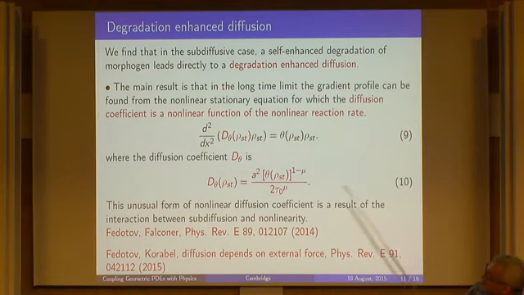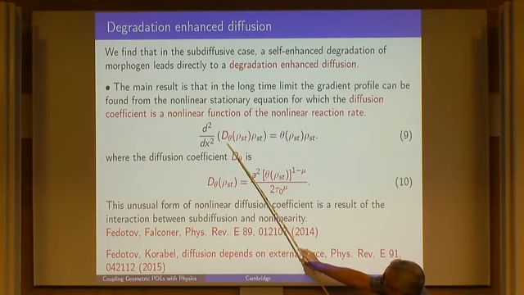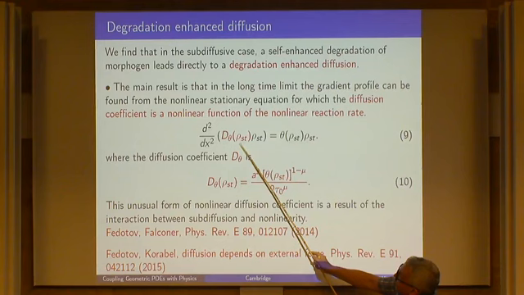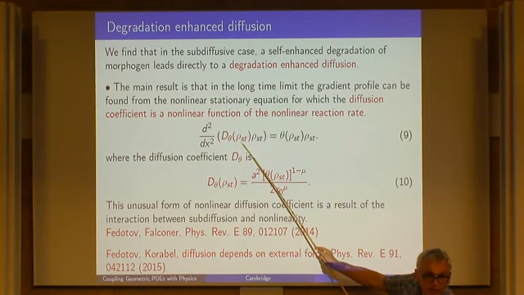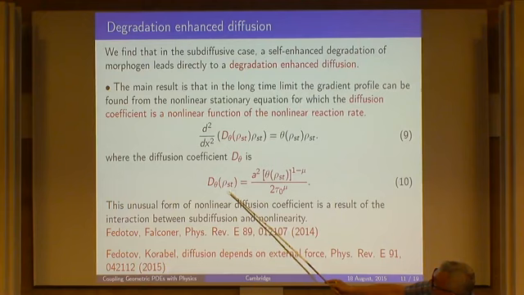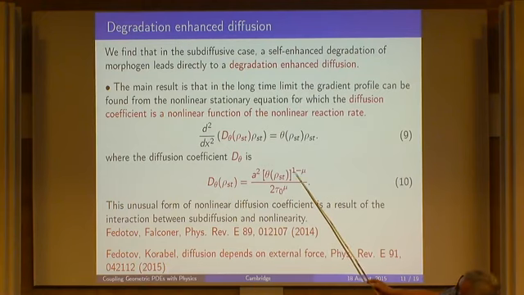But the effect is that the diffusion coefficient becomes a function of the stationary density due to this nonlinear effect. So diffusion depends on density, and you see the power 1 minus mu, still the anomalous exponent.